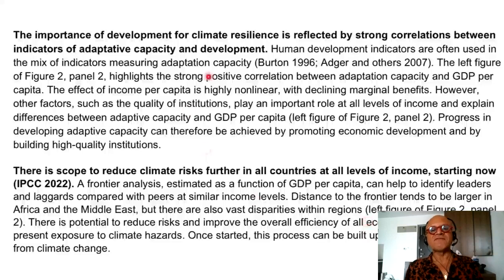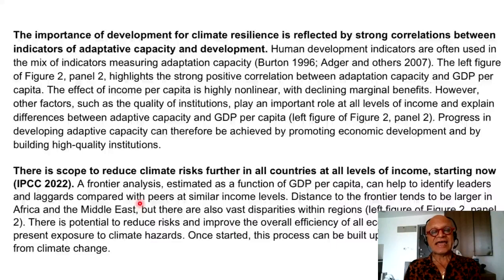The importance of development for climate resilience is reflected by strong correlations between indicators of adaptive capacity and development, which we will see in a minute. There is scope to reduce climate risks further in all countries at all levels of income starting now. What does it mean?